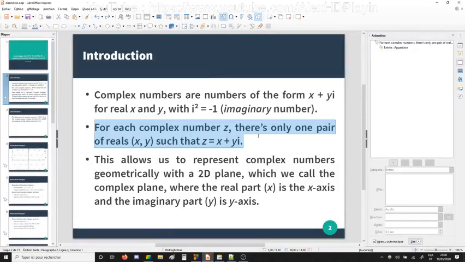So basically, you can plot every single complex number on a two-dimensional plane, which we call the complex plane. You could put the real part, which is x here, on the horizontal axis, or the x-axis. And the imaginary part, which is y here, not yi, just y, you could put on the y-axis.